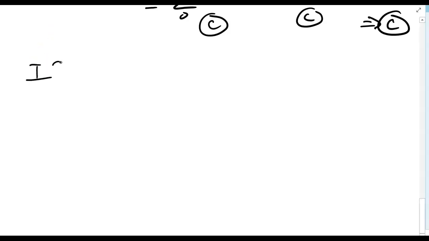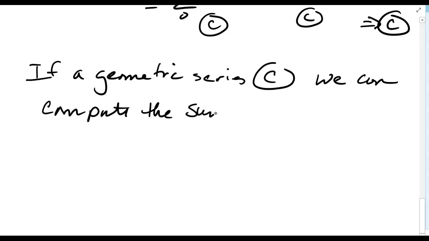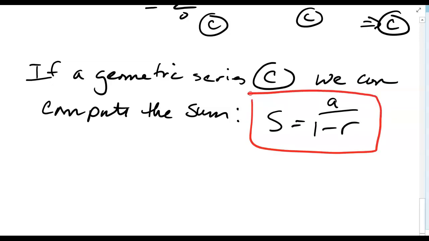So if a geometric series converges, we can compute the sum by simply using a over 1 minus r.